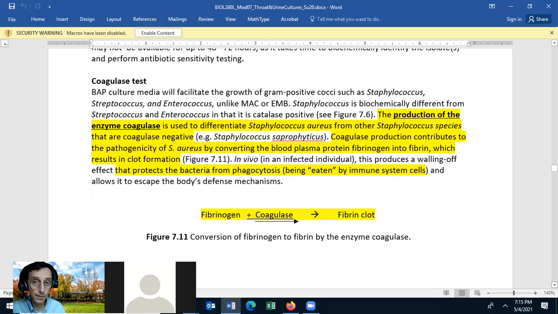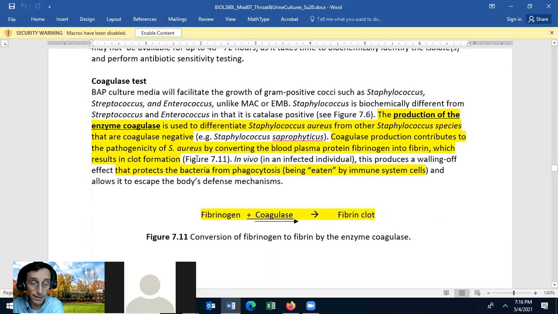Other staphylococcal species are coagulase negative. Coagulase is an enzyme that converts blood plasma protein into fibrin, which causes a clot to form around bacteria in the blood. And Staphylococcus aureus uses this to be more pathogenic.